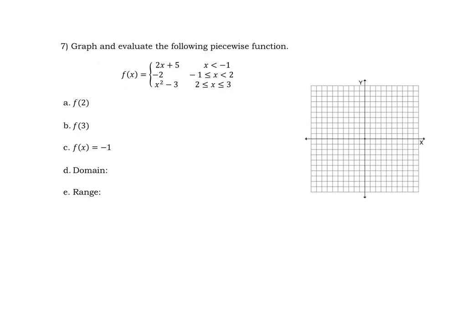Okay, now we're going to practice a little graphing with a little piecewise, kind of start and stop. The first piece is 2x plus 5, and it's only going to begin and go to the left of -1. So my -1 is right here. Now when I go to graph this, it says to start off at the +5, 1, 2, 3, 4, 5.